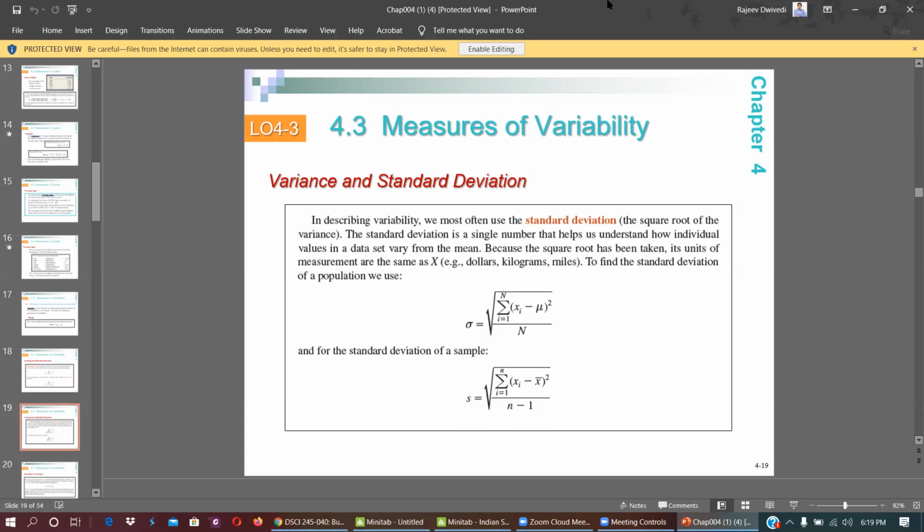Now let me tell you how we interpret the standard deviation and variance. Two items are very important in all of statistics: one is the mean and one is the standard deviation, SD, as we call it.